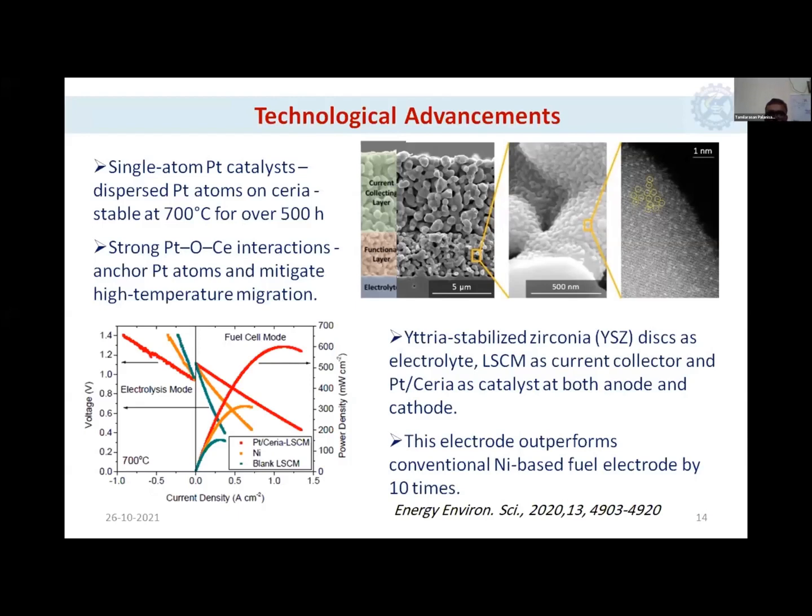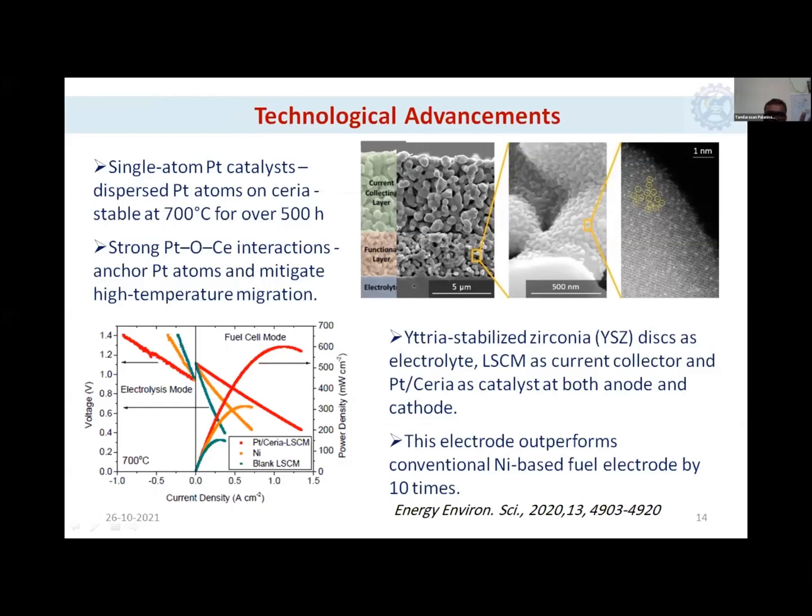And here you are seeing the overall device structure. This is an SEM image of the device. Here you have the electrolyte and the functional layer. Functional layer is nothing but your catalyst. The Pt-CeO2 is the catalyst here. And once again, they have the current collector.